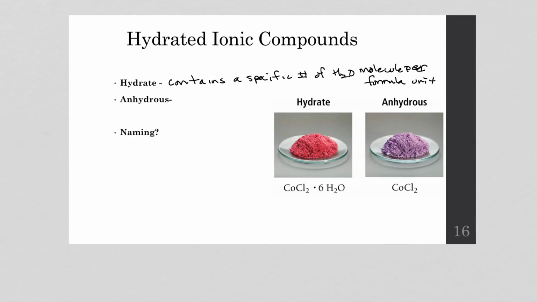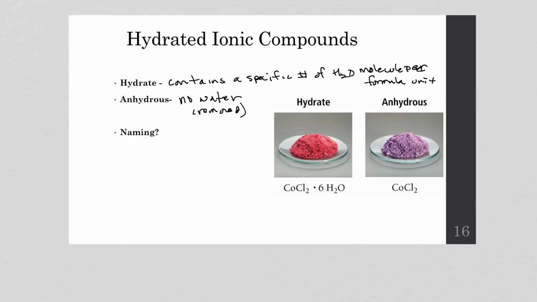The anhydrous, when we use the term anhydrous, this is no water, right? So the water has been removed somehow. So we'll do a lab on this where we dehydrate a compound and we heat it up and we go from the hydrated compound to the anhydrous.